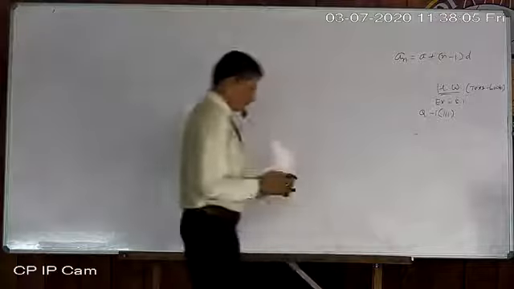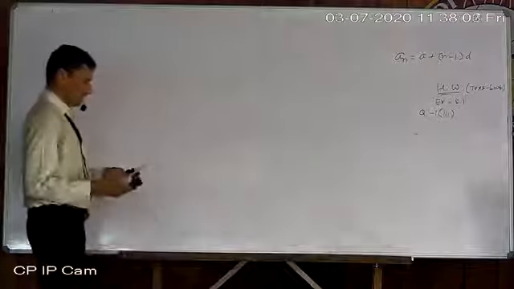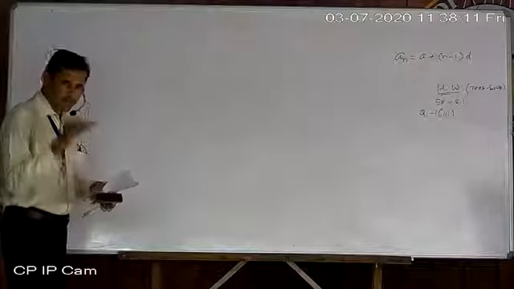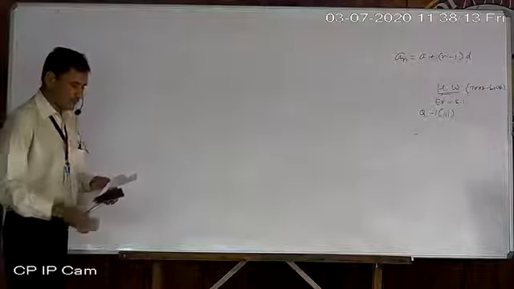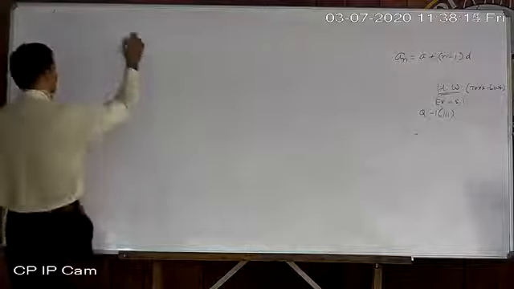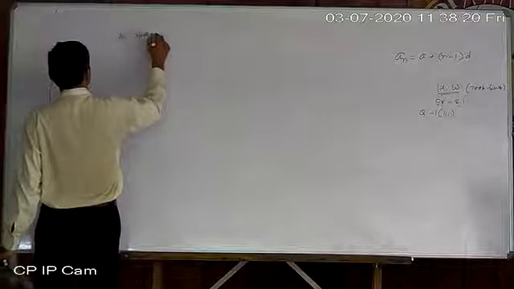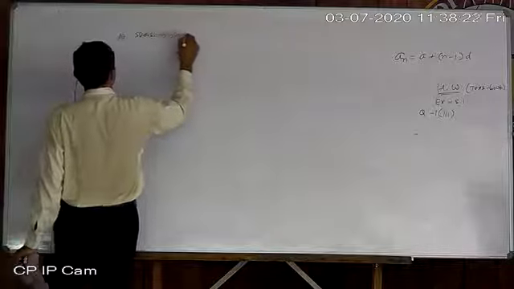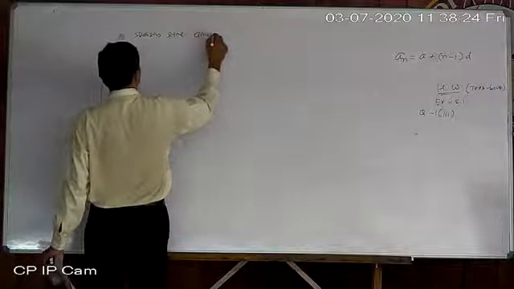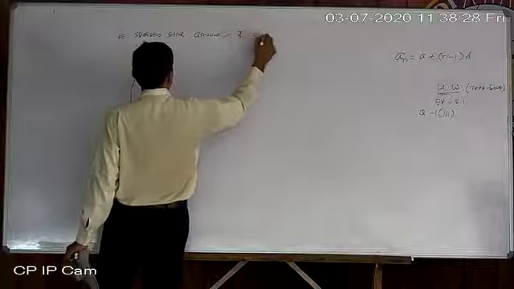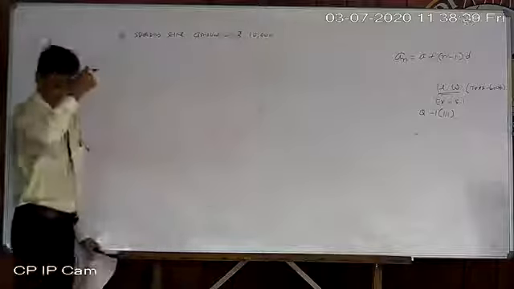So at the end of first year, what will be the amount? Now we deposit rupees 10,000 only. So at starting time, amount is equal to rupees 10,000. This is the first term.